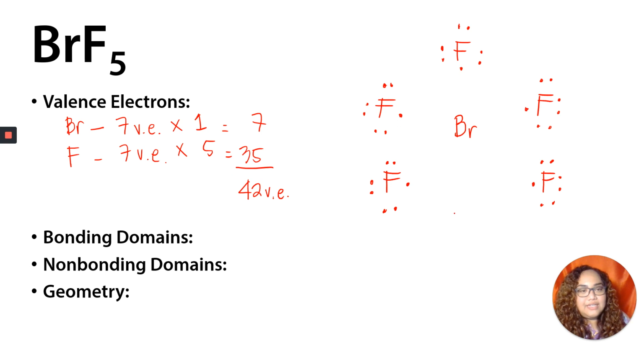Now, in this case, bromine will have 7. And if you take into consideration that fluorine will only require one valence electron, you just have to position the one valence electron per fluorine atom from bromine. Okay, so separate that. So you got one here, and then one here, and another here, and then another here, and then another here.